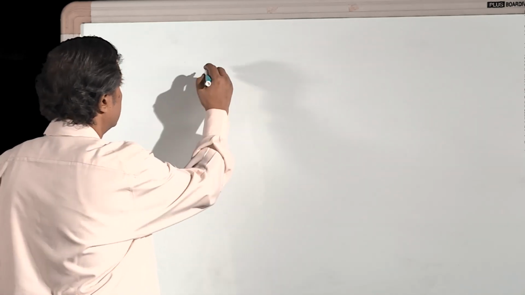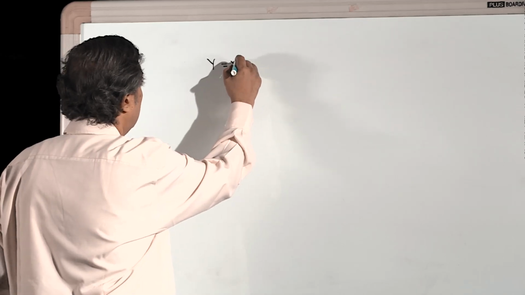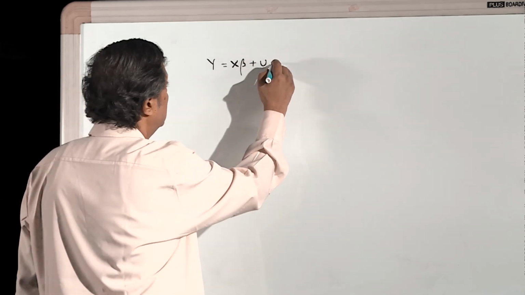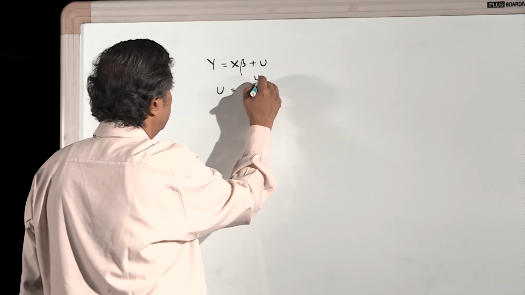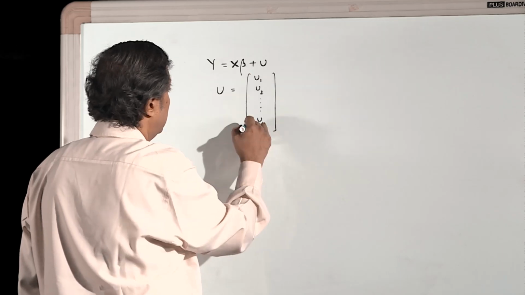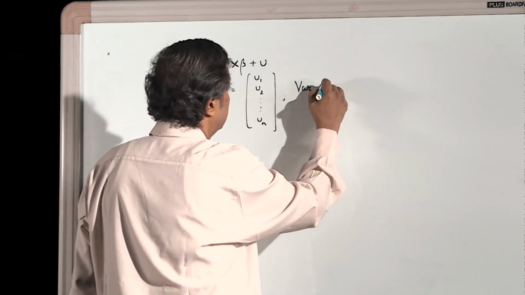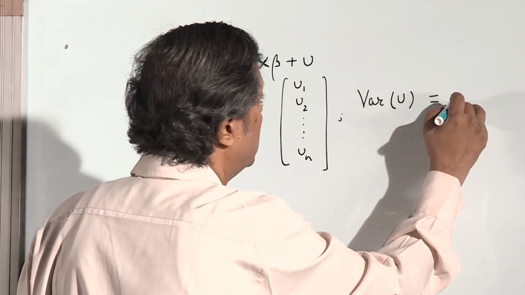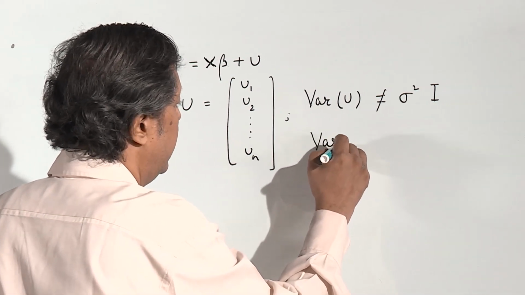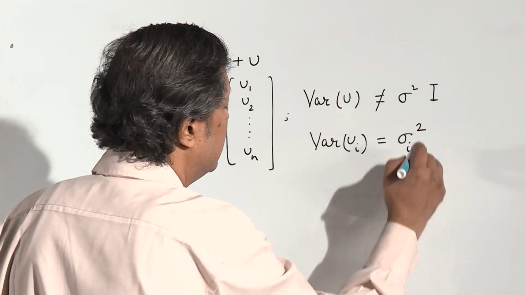So, the model is y is equal to X beta plus u, and u denotes u1, u2 up to un, but the variance of u is no longer equal to sigma square I. Instead, each individual ui has a separate variance sigma i square.